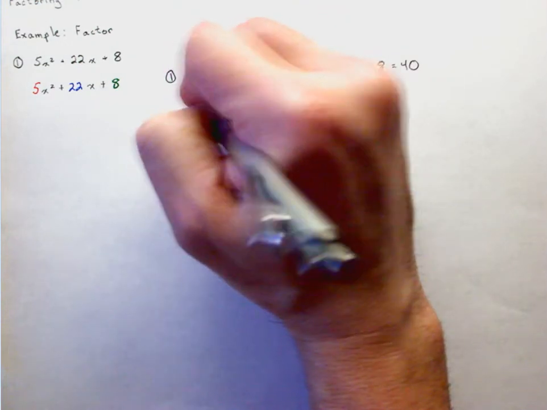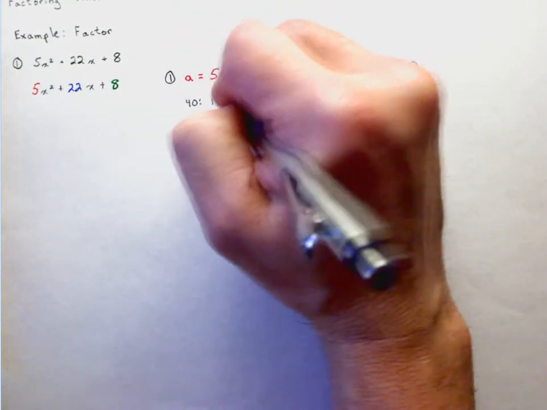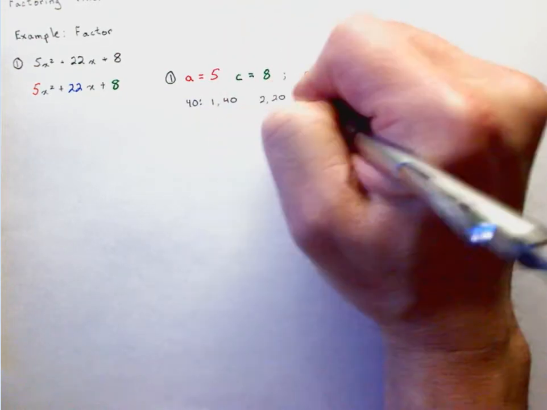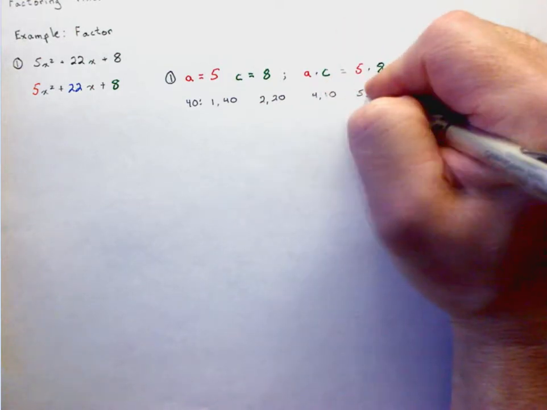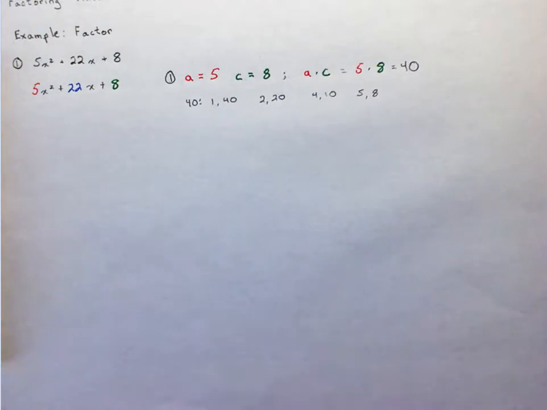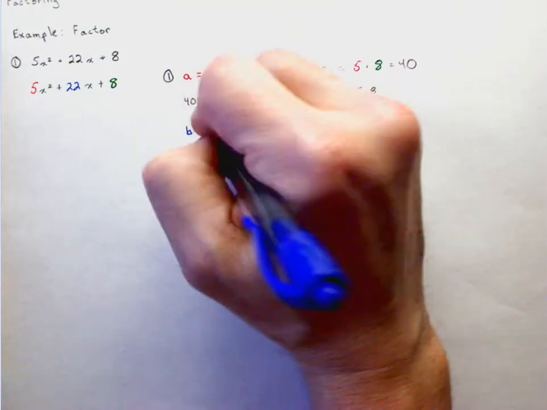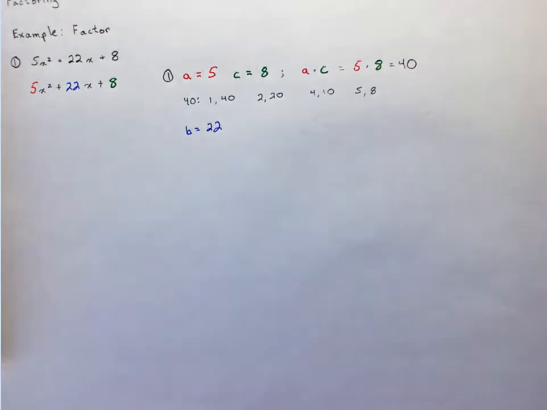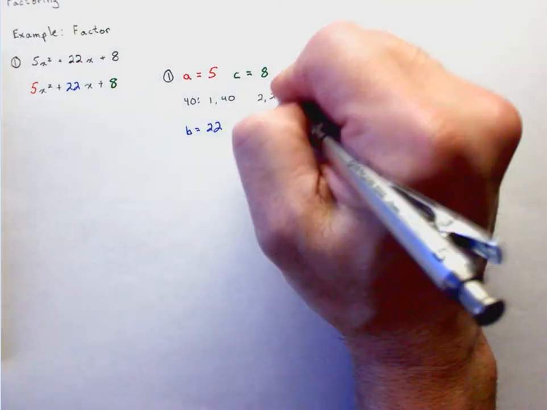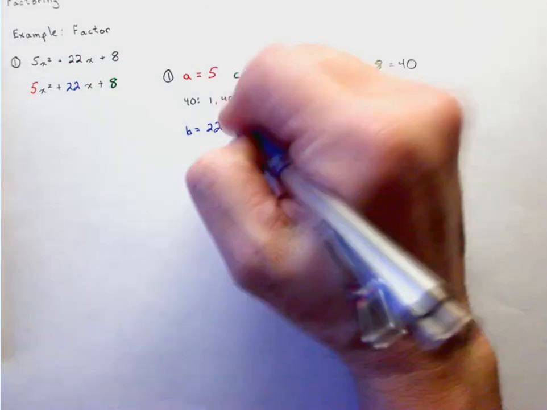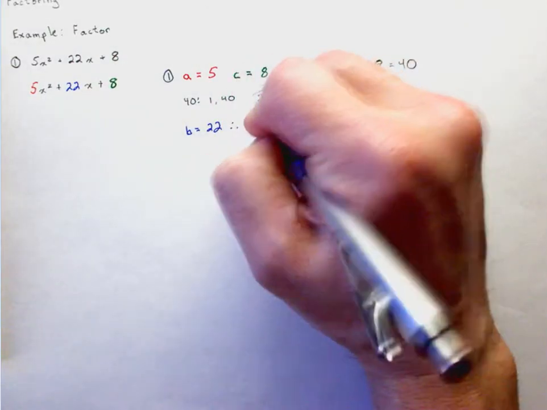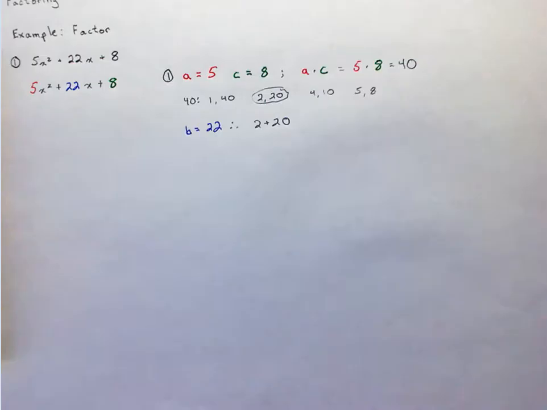For my factors of 40, I have 1 and 40, 2 and 20, 4 and 10, 5 and 8. And what does b equal? b equals 22. Which of those can I sum together to get 22? That one, 2 and 20. That's what I'm going to use.